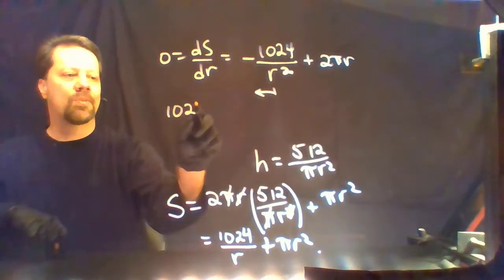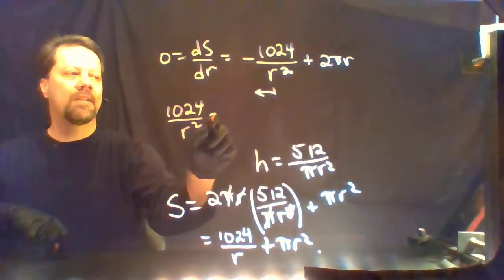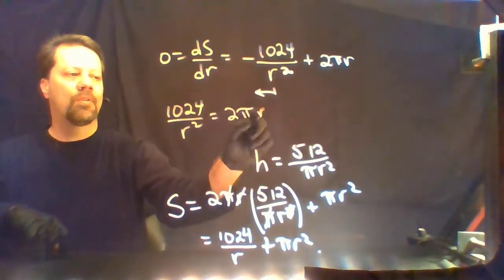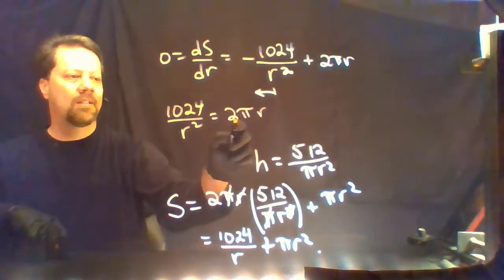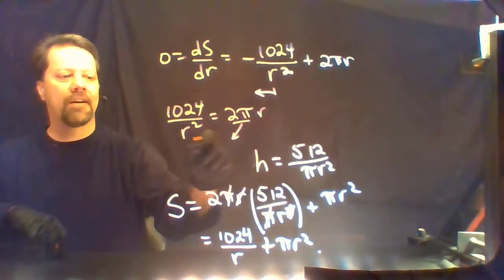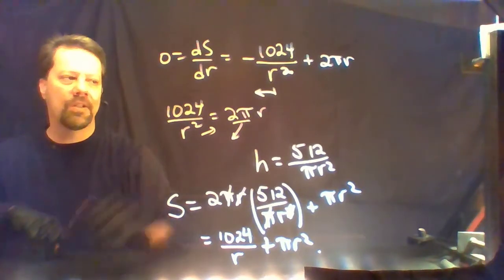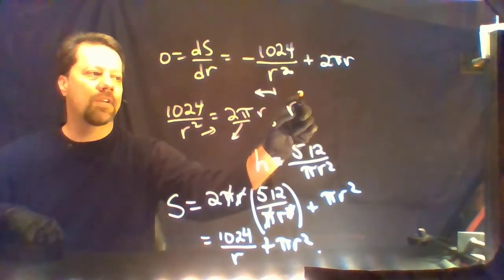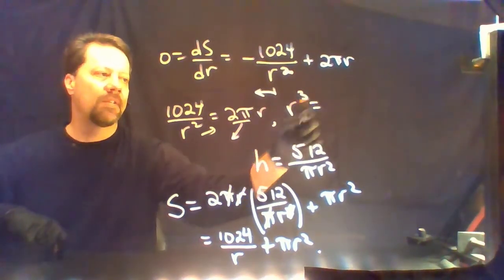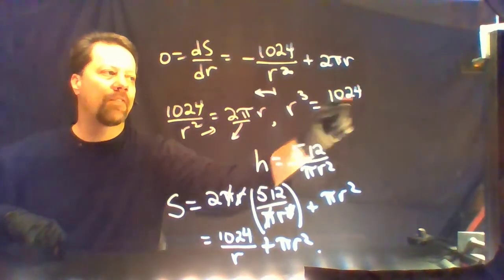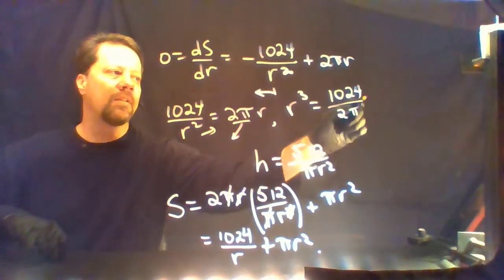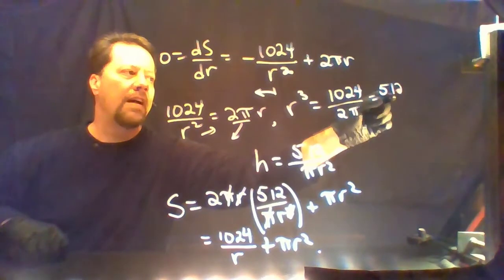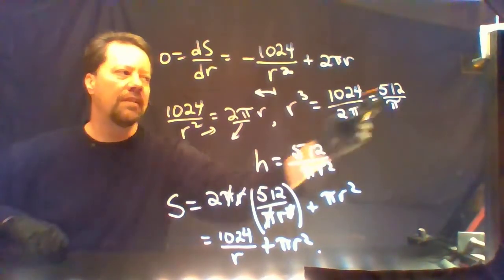That gives us 1024 divided by r squared is equal to 2 pi r. We'll need to take the 2 pi and divide it off and multiply the r squared over. This gives us r cubed is 1024 divided by 2 pi, or 512 divided by pi.